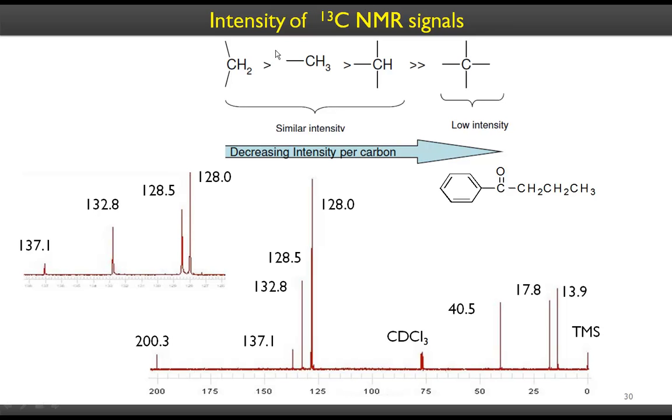For example, the methylenes give a more intense peak than methyls, than tertiary carbons, than quaternary carbons. In other words, secondary carbons give stronger peaks than primary carbons, which are much stronger than tertiary carbons, which are much stronger than quaternary carbons. This decrease in intensity is because of the inequality in the relaxation times.